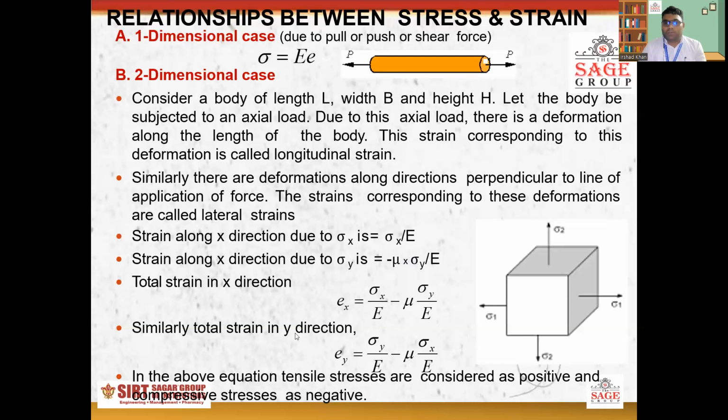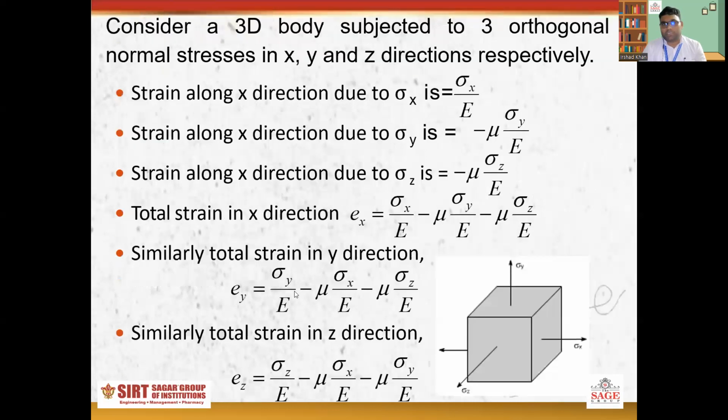Similarly, the total strain in the y direction, you apply the same concept in the y direction. It would be like this. These two equations can be used to calculate the strain in the x direction and y direction in two dimensions.